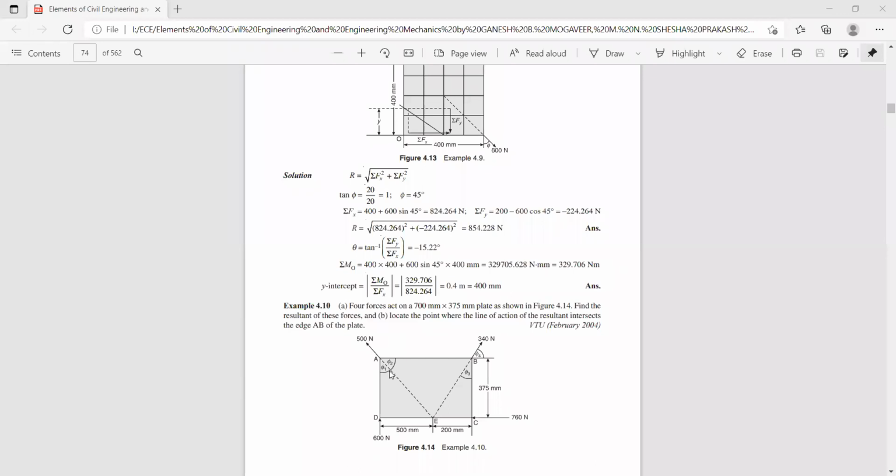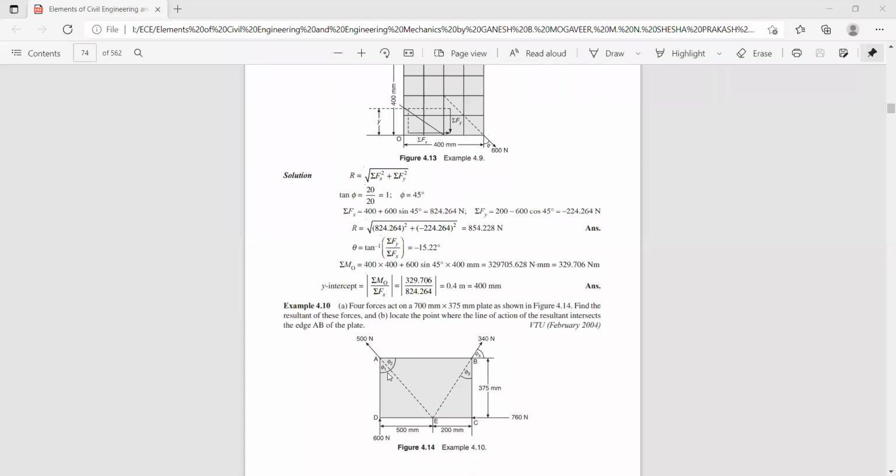You can see here, he has taken this as theta 1, this as theta 2, this as theta 3 and this as theta 4. Can anyone tell the angles, please? Theta 1, 28.072. With respect to the y-axis or x-axis?